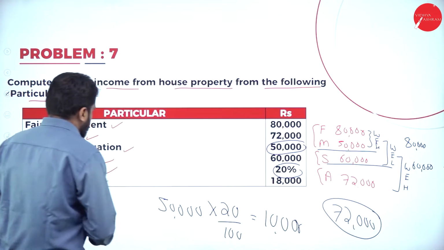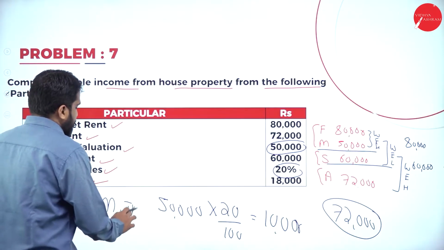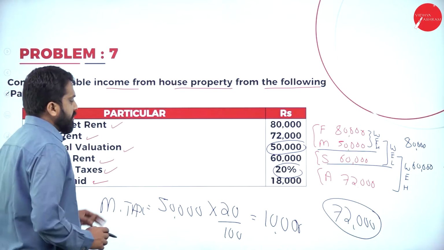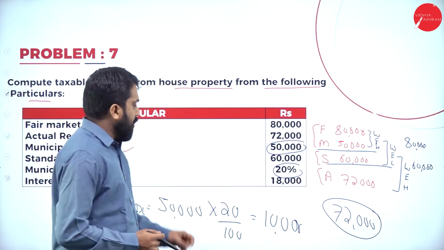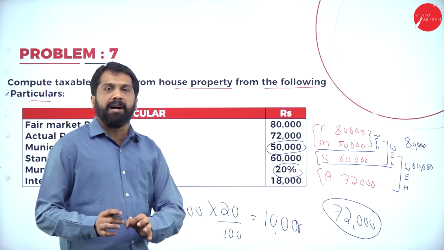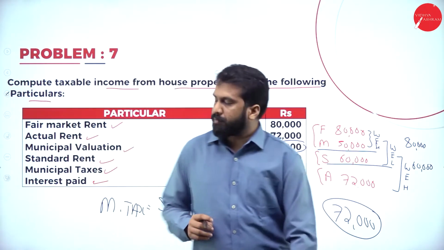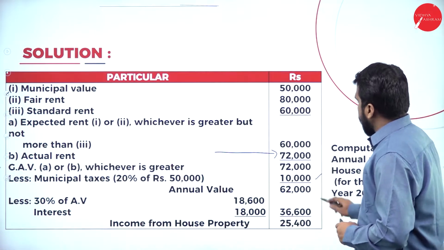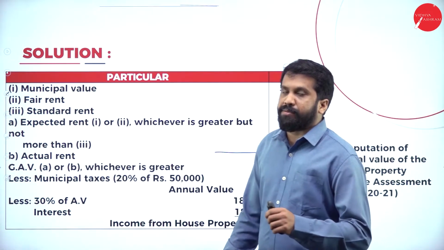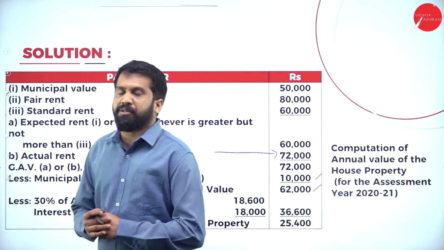This is called municipal tax. Municipal tax is always calculated like this. Any doubt? No doubt. Now, we got 10,000. 72,000 minus 10,000, you got 62,000. Any doubt in this? What is your answer?